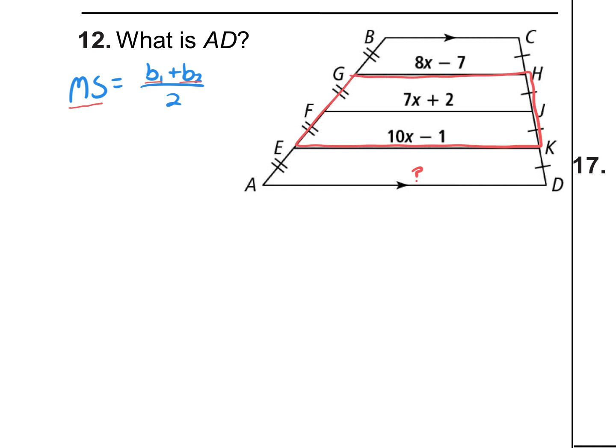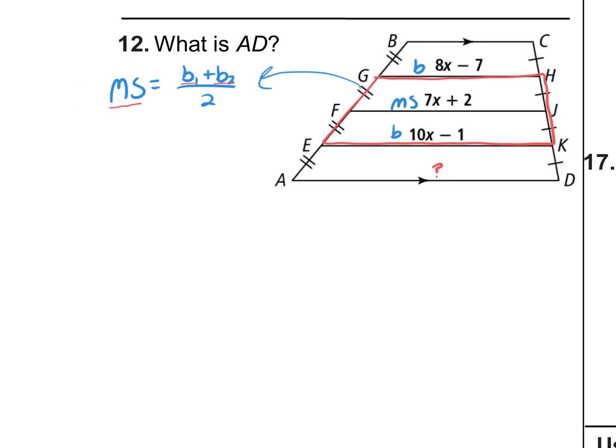Okay. How do I know which one's the mid-segment? The one that's in the middle. Okay, this one's our mid-segment. How do I know which one's base 1, which one's base 2? Doesn't matter. Okay, so here's my two bases. So do I have all three things in order to use this formula? Yes. So we're just going to plug it in. So mid-segment is what?